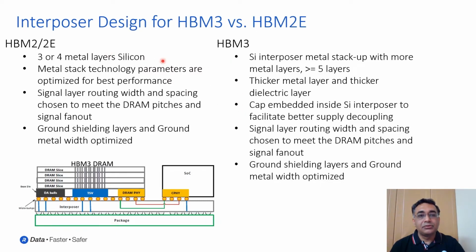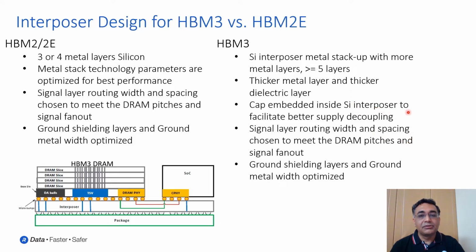While in HBM2, the design used 3 or 4 metal layers to connect between the DRAM and the ASIC, in HBM3, there are greater than 5 layers available. Thick metal layers and thick dielectric layers are also available. These provide lower insertion loss and reduce crosstalk.